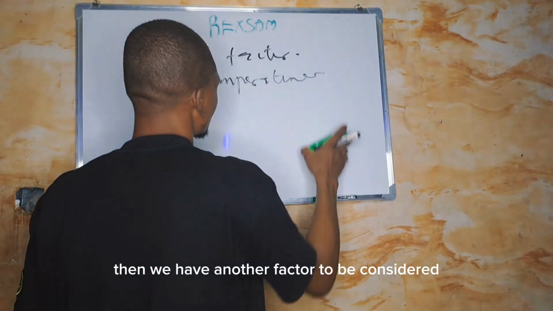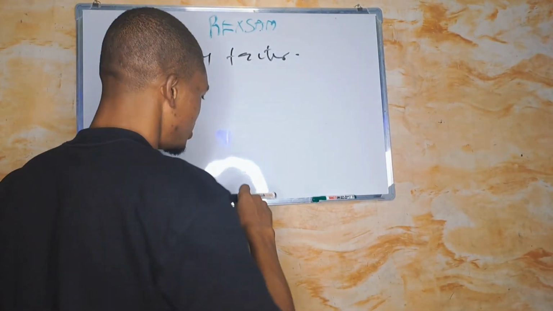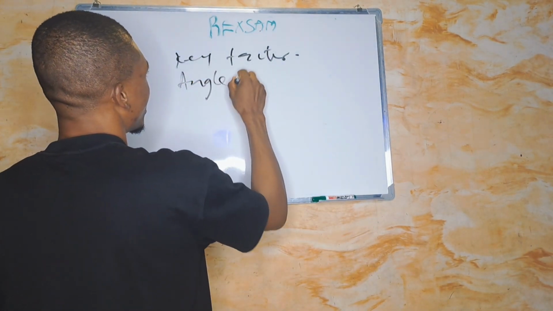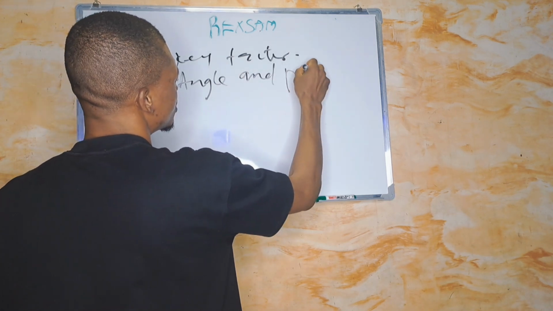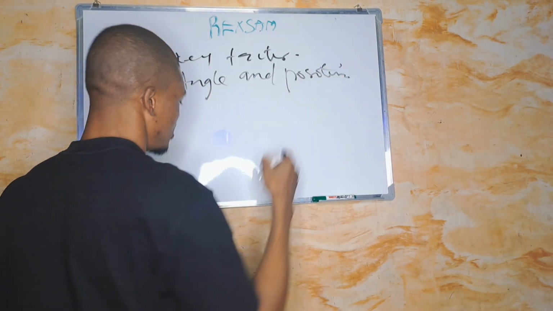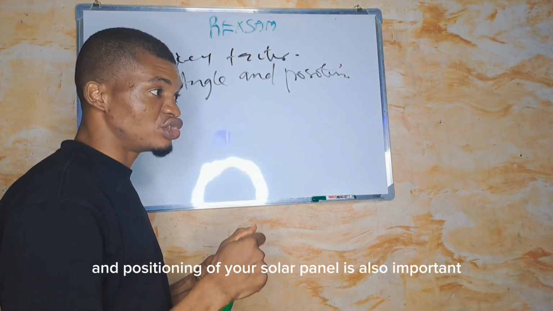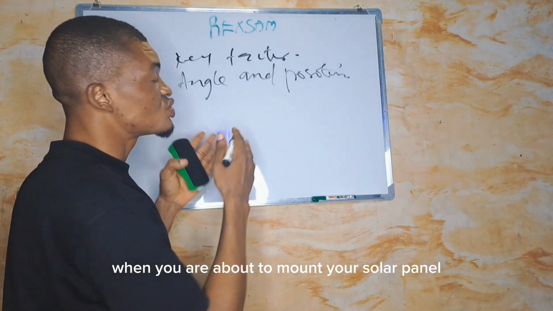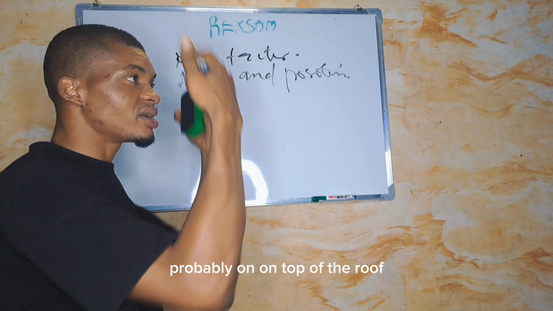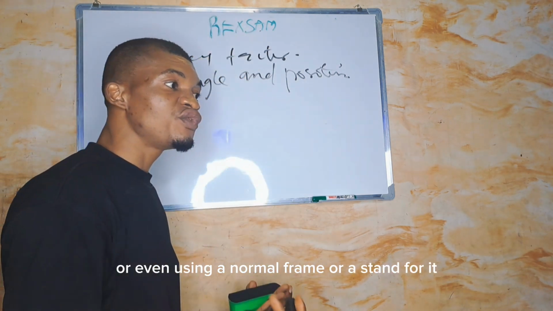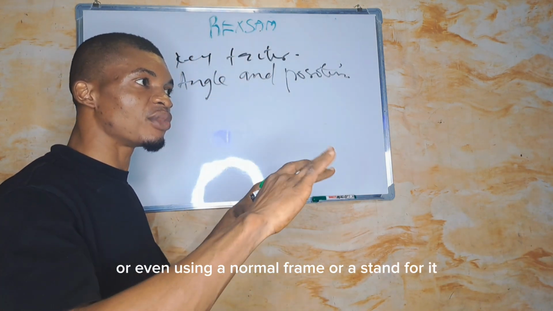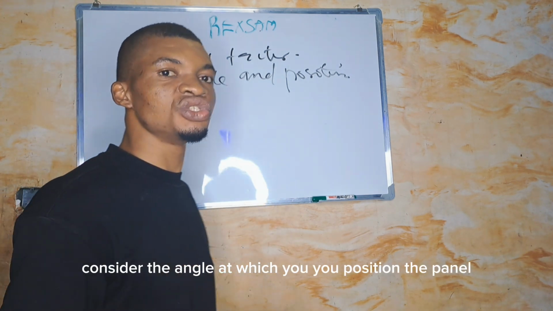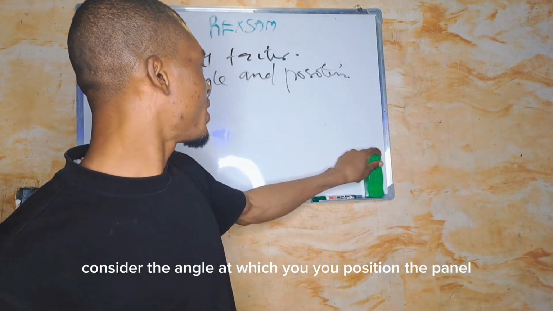Then we have another factor to be considered. The next factor is angle and positioning. The angle and positioning of your solar panel is also important. For instance, when you are about to mount your solar panel, probably on top of the roof, or even using a normal frame or a stand for it, you also consider the angle at which you position the panel.